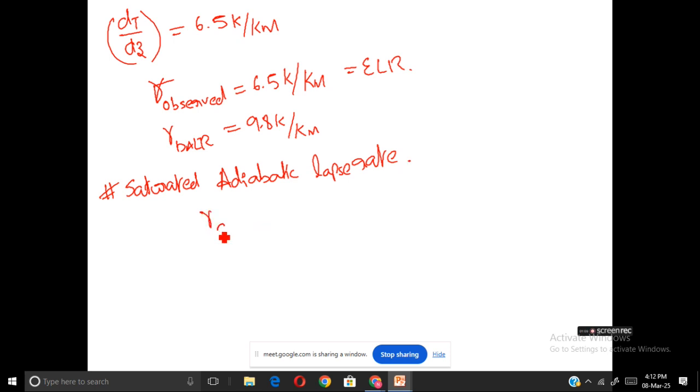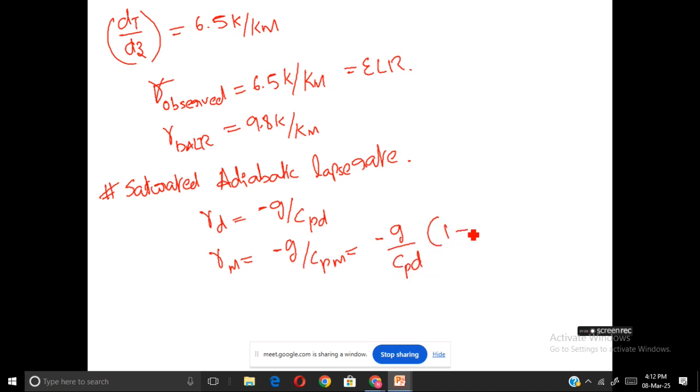So we know gamma D, the dry adiabatic lapse rate, is minus g by Cp, the specific heat constant for dry air, and we know gamma M as minus g by Cp, where we got it as minus g by Cpd into 1 minus 0.9 r as a saturation.